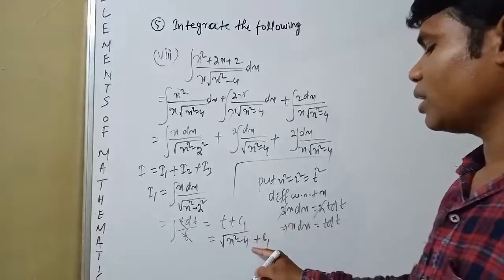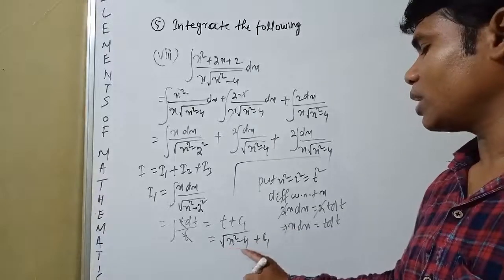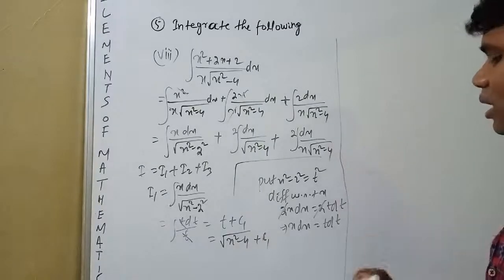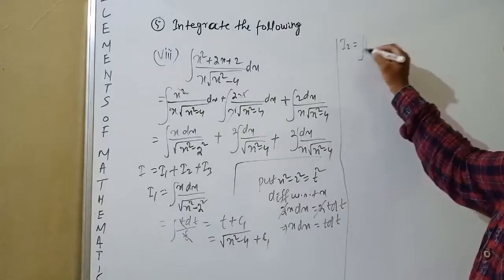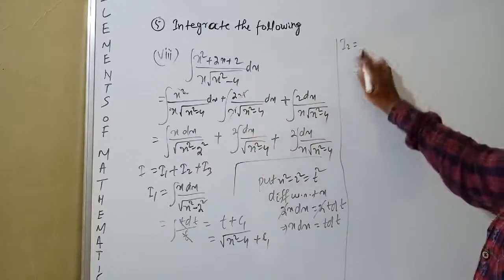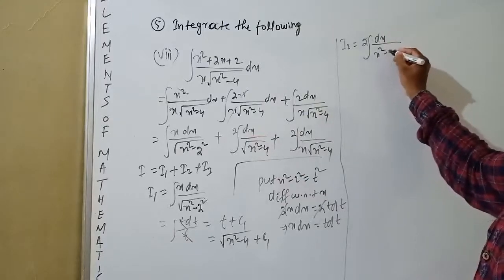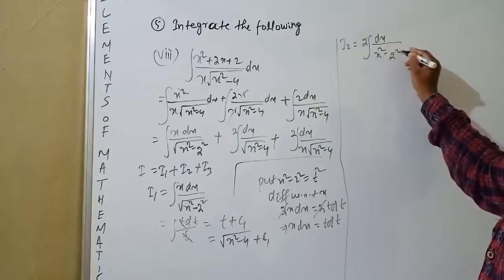I1 you get I1 is equal to root over x square minus 4 plus c1. Okay, similarly you can operate I2 is equal to integration of, you see here 2 write down, dx by root over x square minus 4. Minus 4 means 2 square.